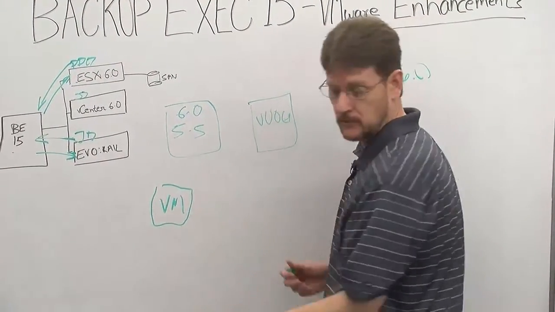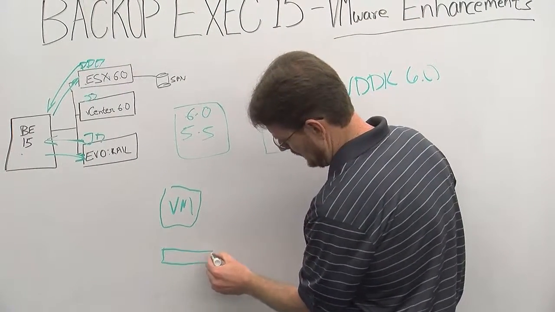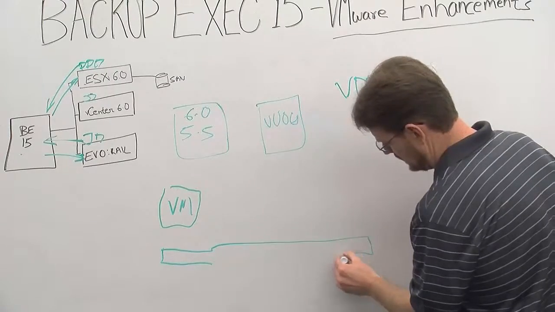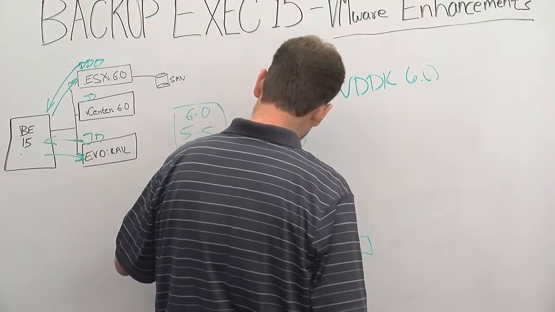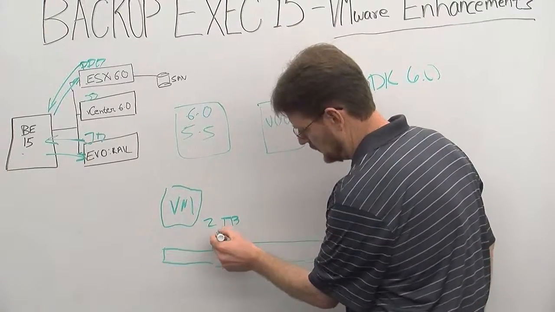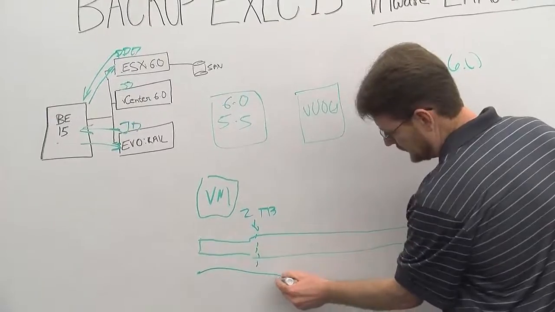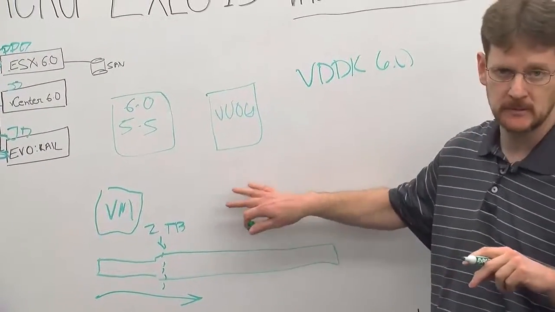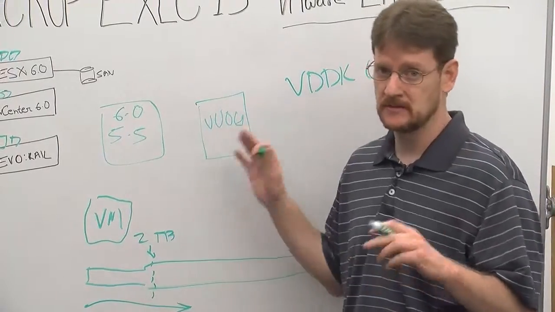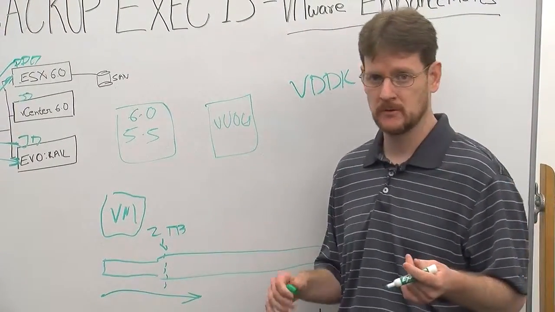So if you have a virtual machine that has a virtual disk that is greater than, let's say, 2 terabytes, so if this was the 2 terabyte marker, right? So if your virtual machine's disk exceeds that in size, you can now back that up with Backup Exec 15 through the standard VADP optimized backup methodology that VMware supports.